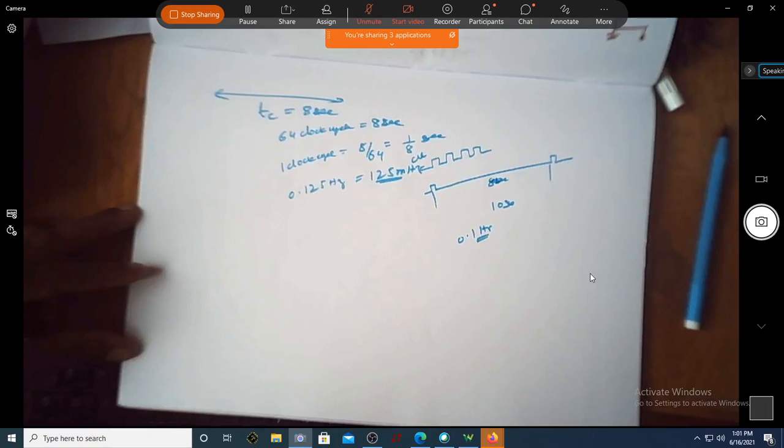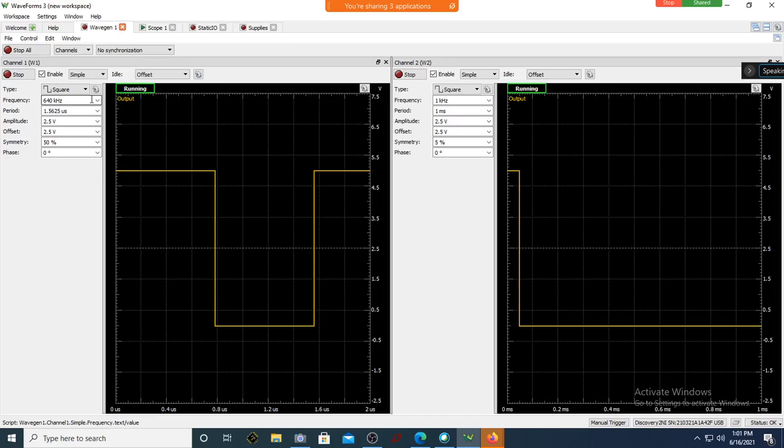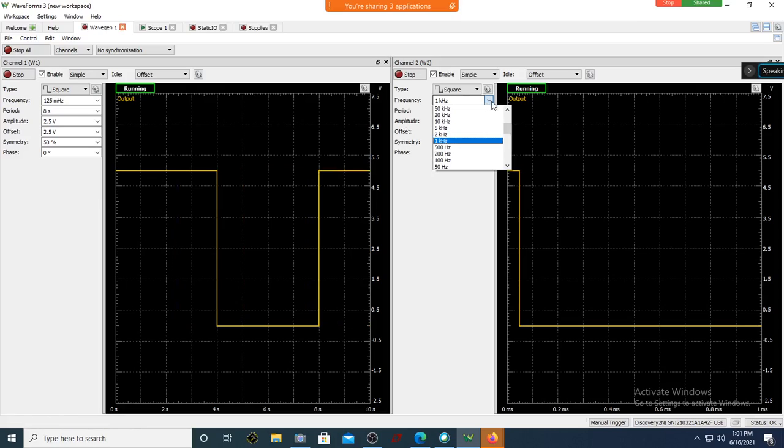Okay, let me change the timings here. This is my wavegen. Shall I reduce the frequency to 125 millihertz? Correct? How about this one? If it is 1 hertz, I will make it 1 millisecond.